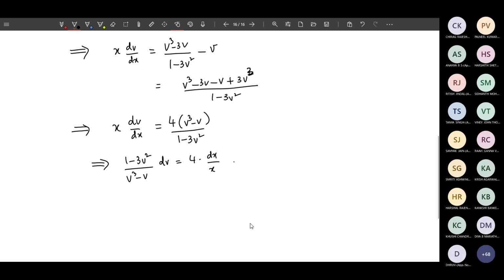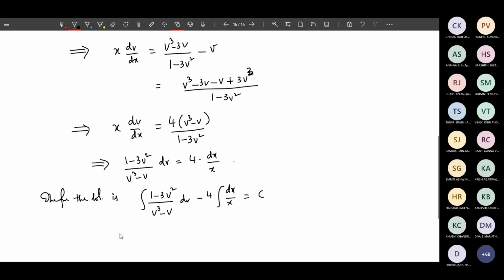Finally we have to go for a back substitution. So therefore the solution is: integral of (1 minus 3v square) upon (v cube minus v) dv equals 4 times integral of dx by x, equal to a constant.